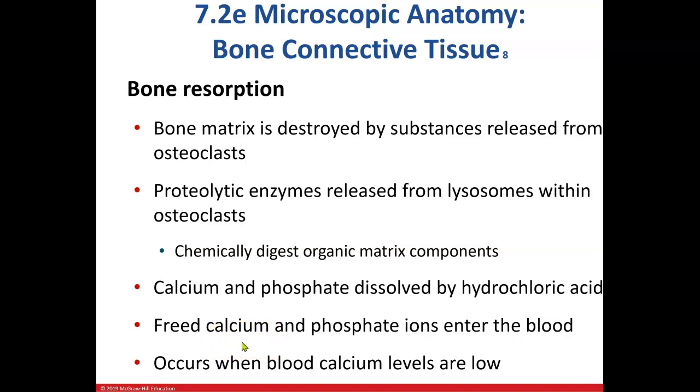And if we don't have enough calcium available already in our blood, this is where it comes from. It comes from this bone resorption. So if blood calcium levels are low, then we're going to get that calcium from where it's stored in our bones.